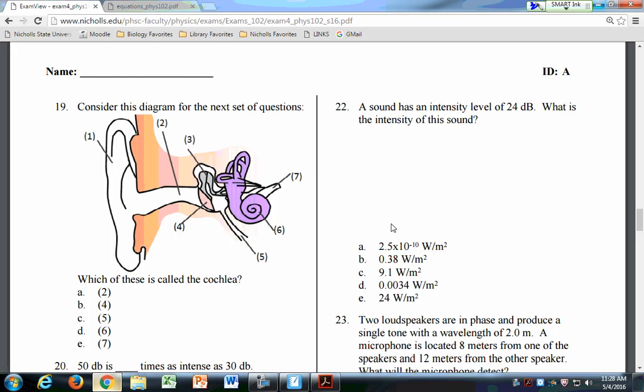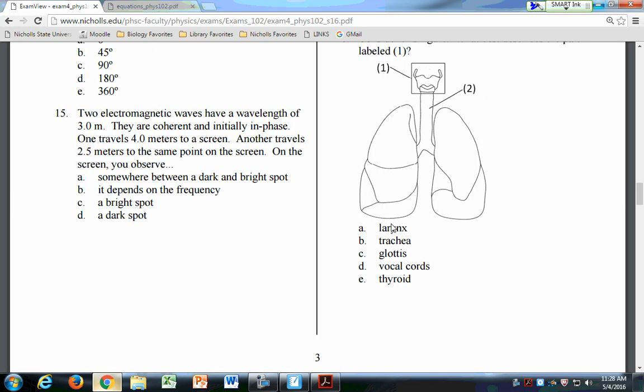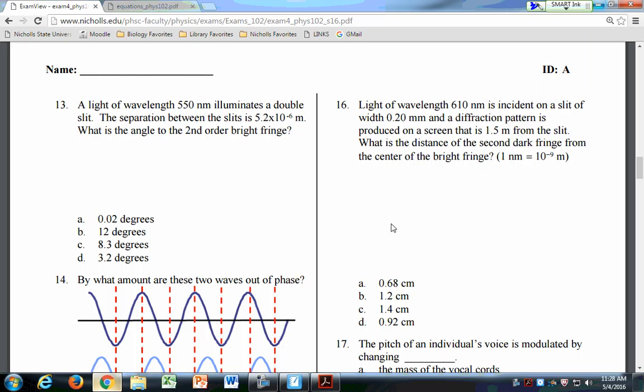16. Okay, probably going to see one like this, and this is probably one of the more missed questions on the test. Here I want to know the distance to the second dark fringe. This is a single slit problem. The second dark fringe is right here.